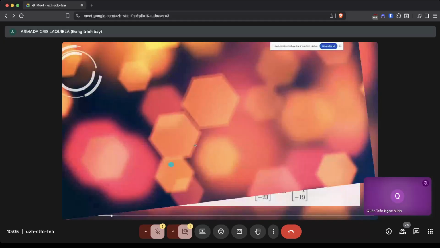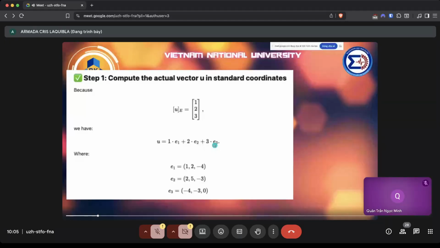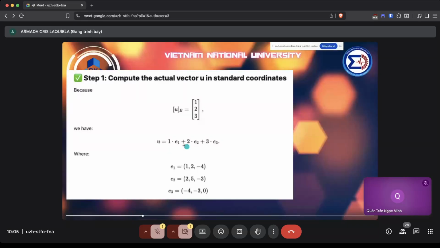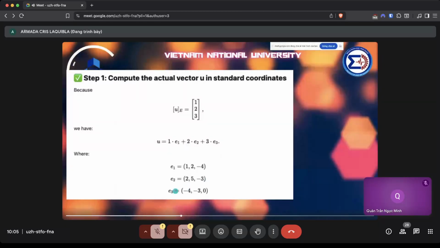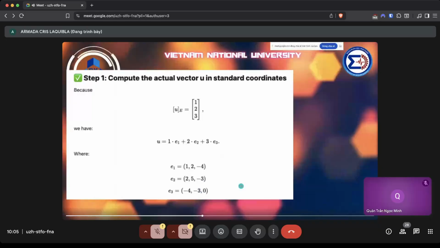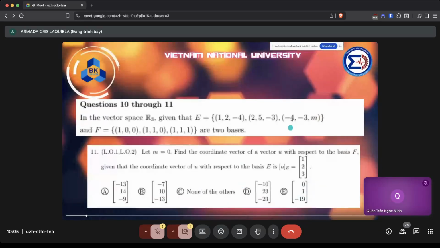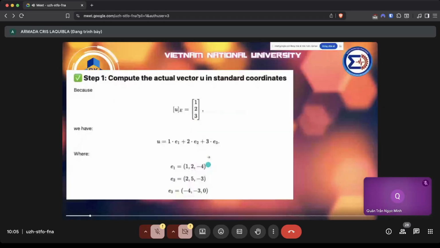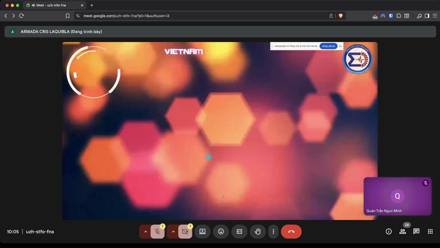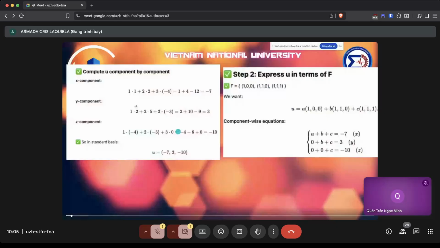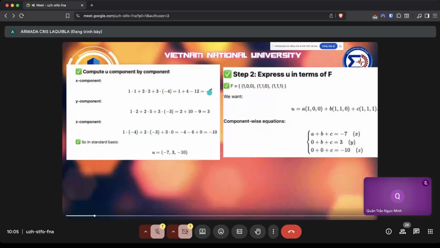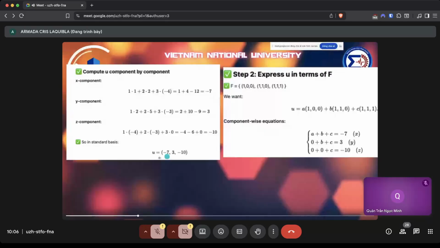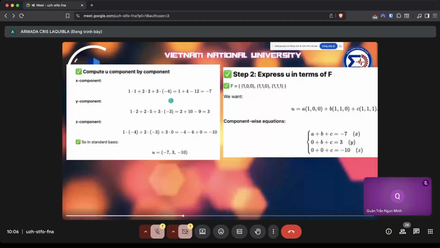And that's it. When you have this, we can solve the original u now. So substitute it there, E1, E2, and then this one is E3. Okay, look at E3, class. This is now 0 because it says here m is equal to 0, so it should be negative 4, negative 3, 0. Now substitute it there. So we have negative 7, and then 10, and then negative 10. So this is now your u. So how to get this?